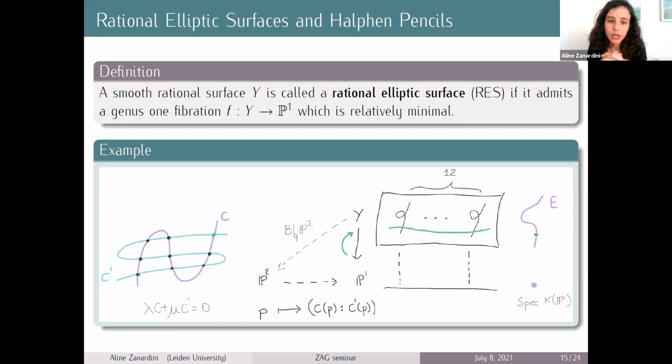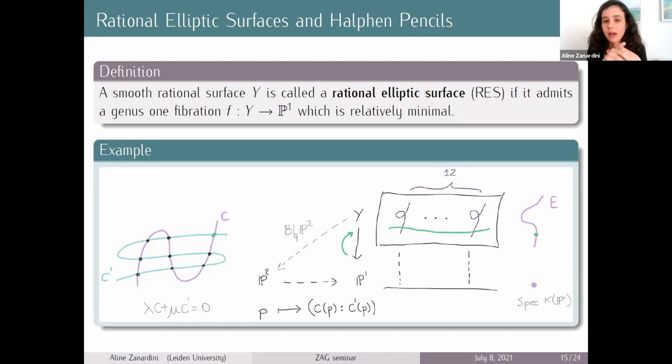And moreover, the exceptional divisor over each base point becomes a section of the fibration. In my picture on the right, it is represented by the curve in green.